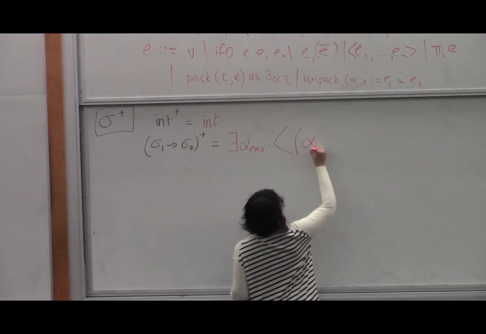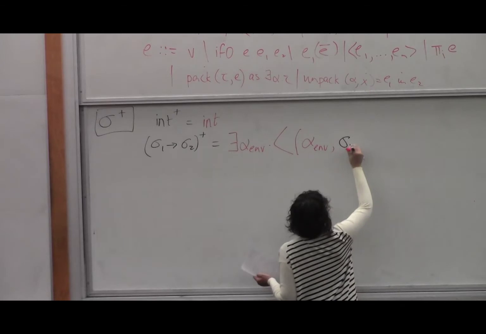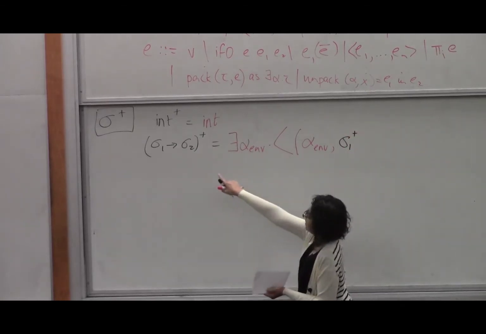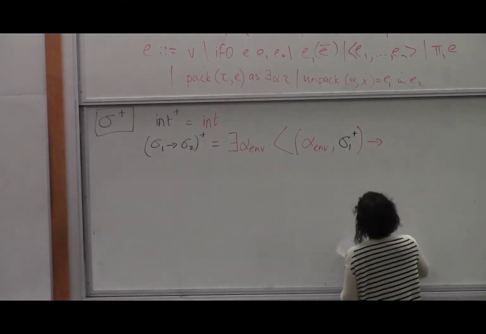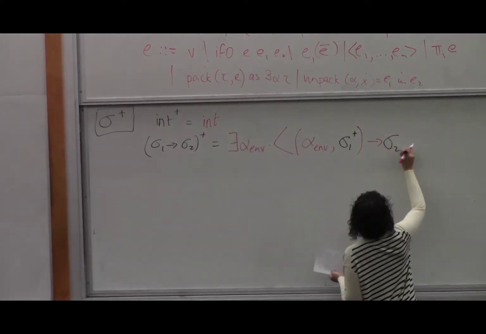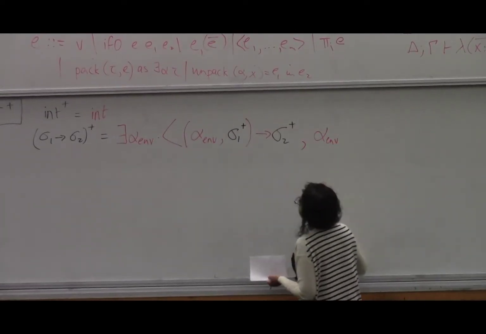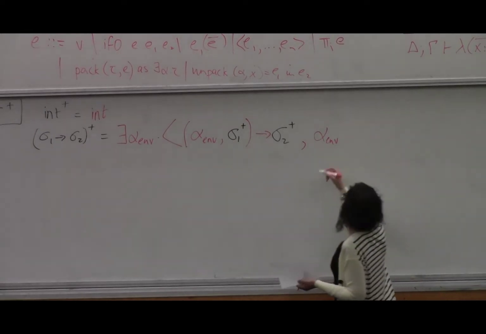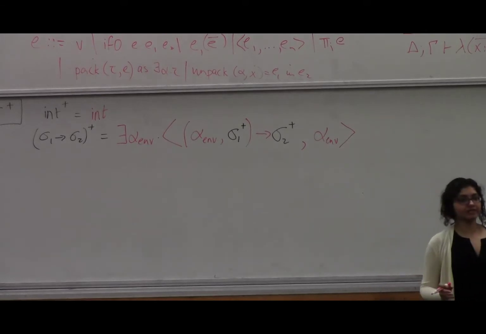Right, so we have to take first the environment, and then we have to take the translation of sigma 1, which is the argument to the function, and we produce the translation of the result of the function. That's what our code part does. And then we pair it up with the actual environment, which will be represented as a tuple itself. But we don't have to say that it's a tuple. Okay, so that's our type translation.